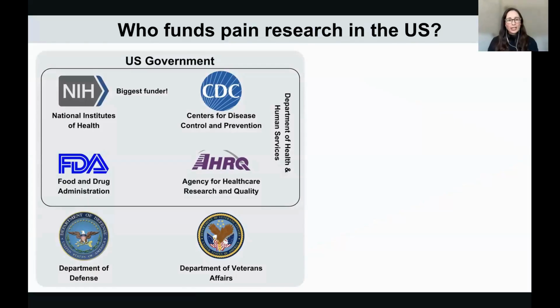And the biggest funder is the National Institutes of Health. And this sits in what's called the Department of Health and Human Services, where you might have heard also of the CDC, the FDA, and AHRQ, which is the Agency for Healthcare Research and Quality. A couple of other big funders of pain research are the Department of Defense and the Department of Veterans Affairs.